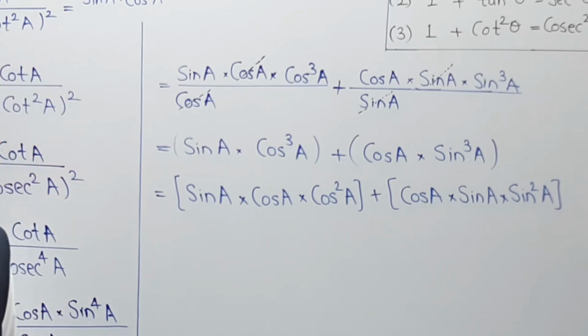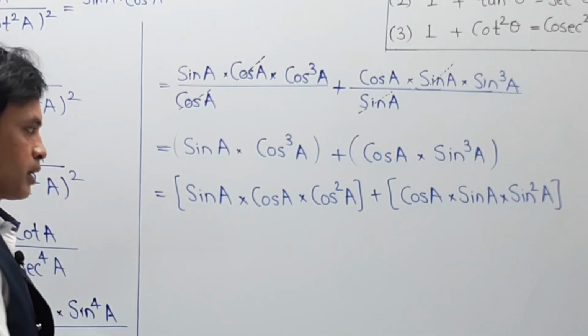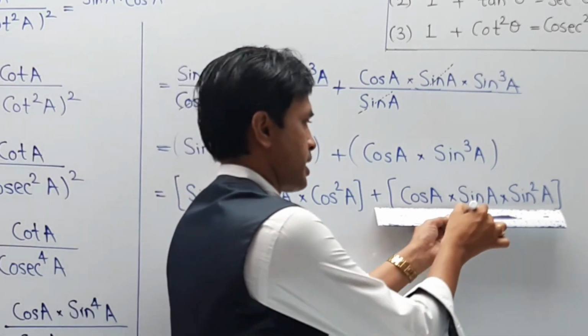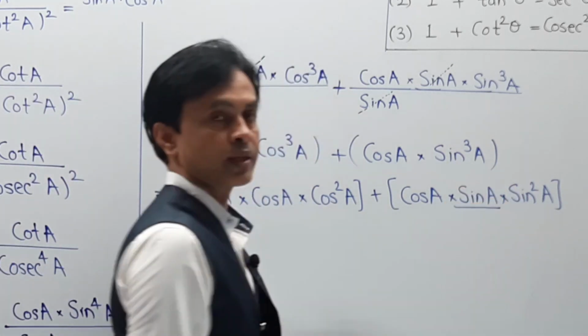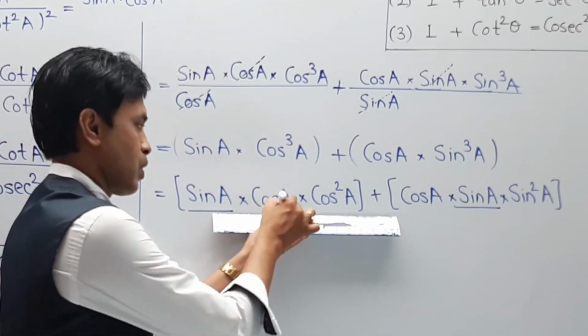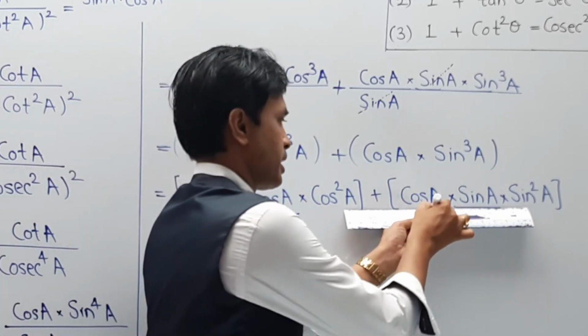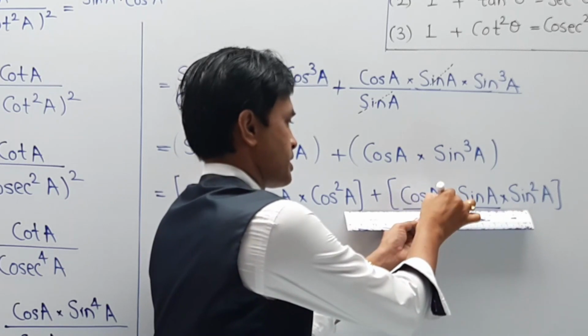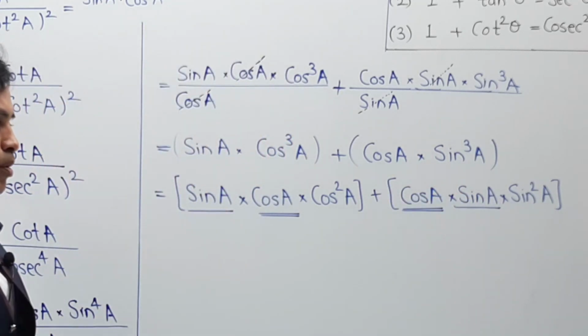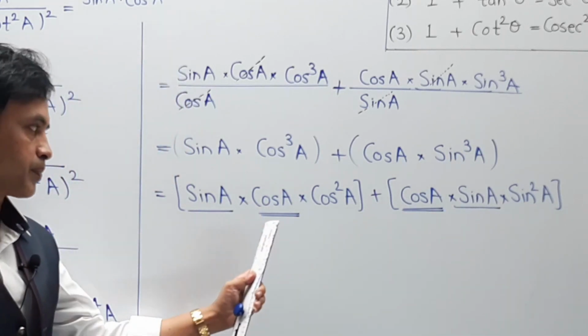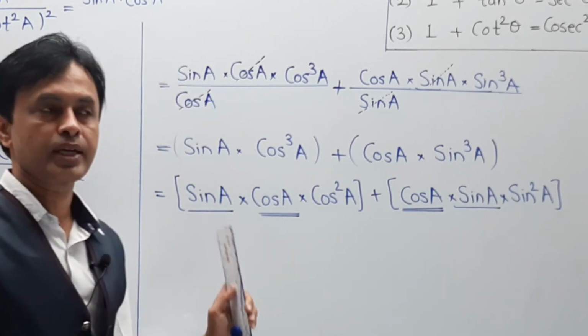Now what are the modifications available over here? Please pay attention. Sin A is available over here and sin A is available over here. Cos A is available over here and cos A is available over here. Means definitely you can take these terms as common. Sin A, I am going to take as common, cos A, I am going to take as common.